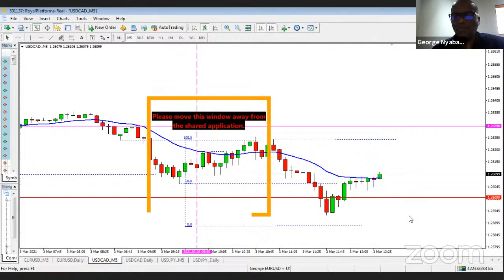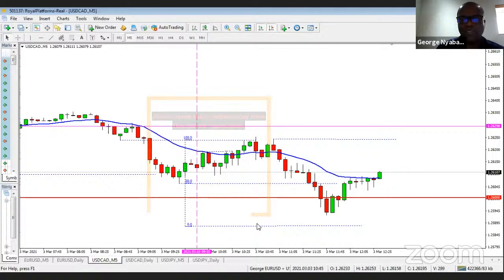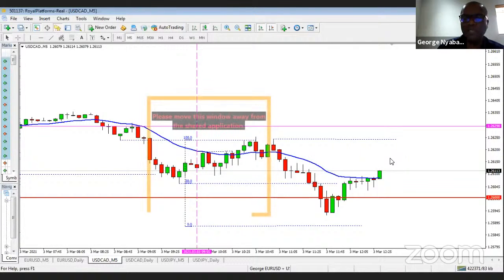We get a double bottom, and if you get a double bottom, then we can look for a higher low. That would be the best way to look at trading this, because you're at the bottom of the trading range. The market tried to break to the measured move down here, which we talked about, but it failed, which means there's good bullish pressure in the market, but nothing for us to trade at the moment.